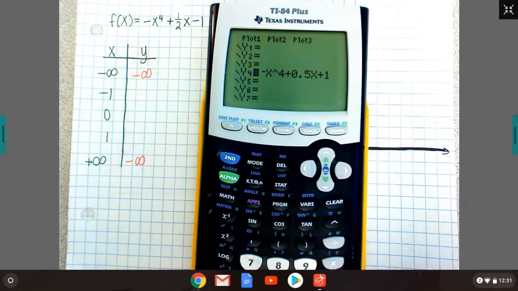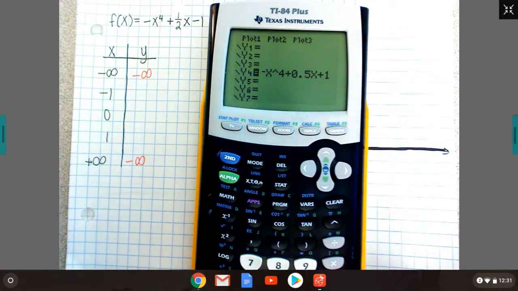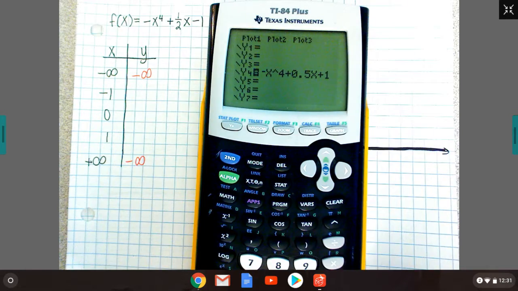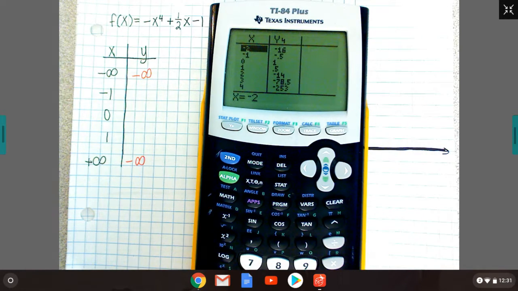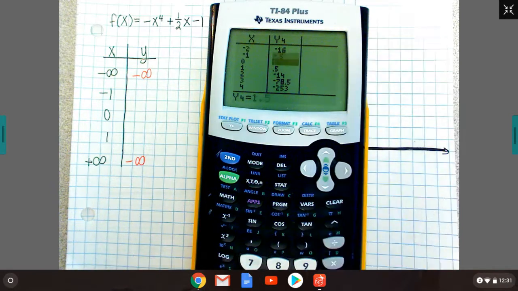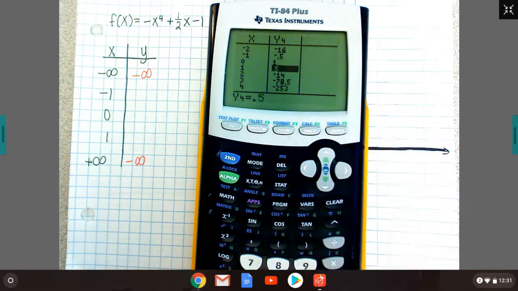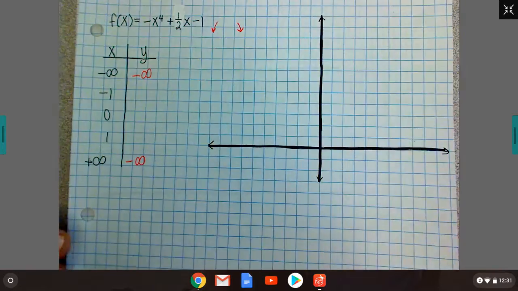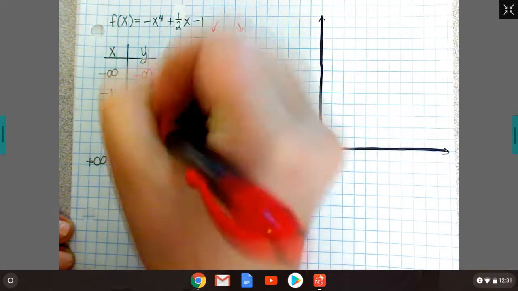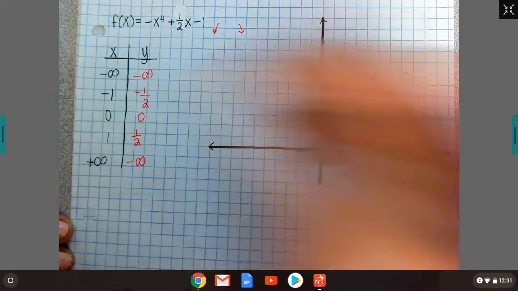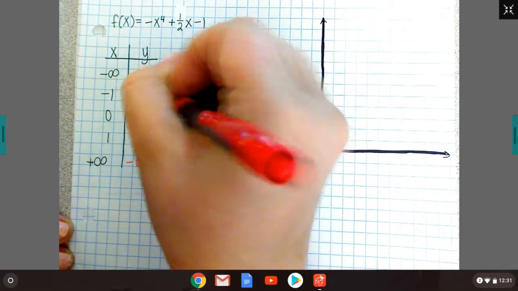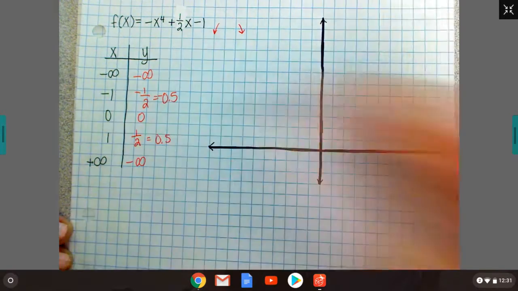So I think that matches up okay. I put 0.5 in instead of a half. But other than that, it matches. Let's look at the table. The table has negative 1, negative a half, 0, 1, and 0, 1 half. So negative 1 half, 0, and 1 half, or 0.5 for both of those.